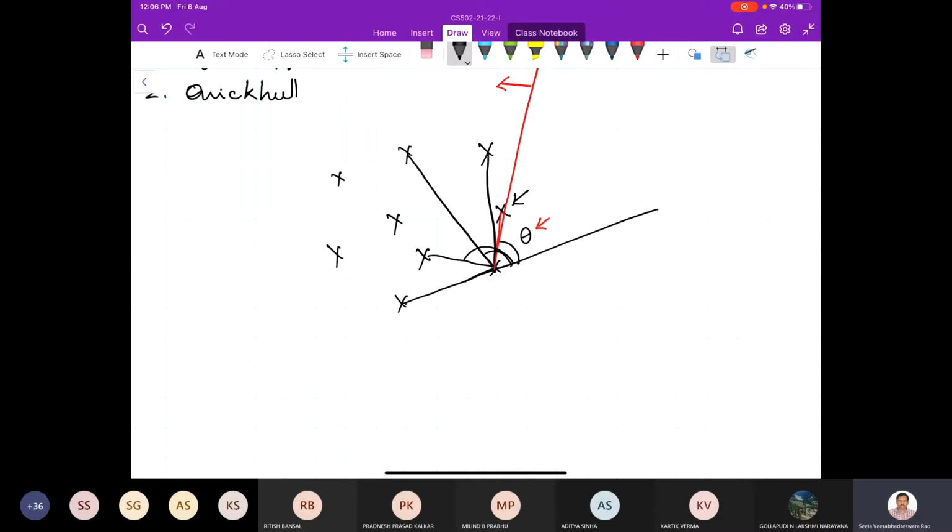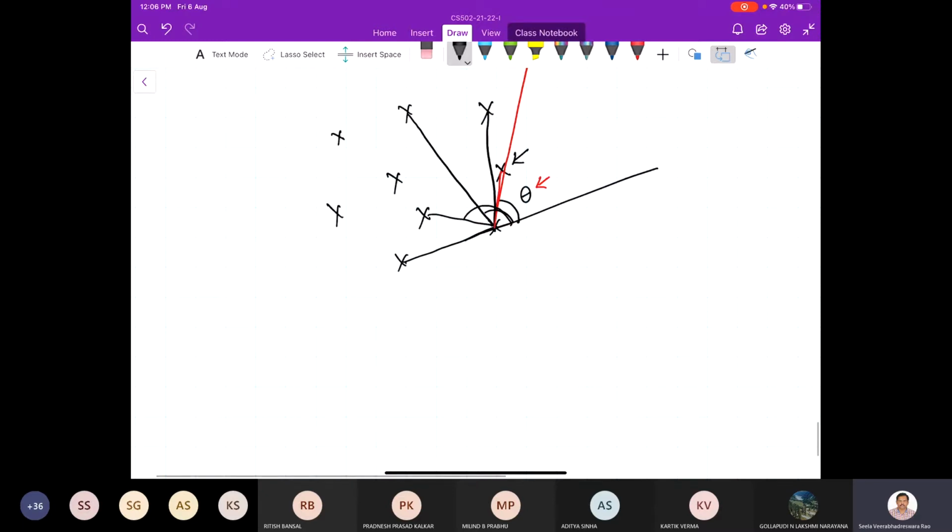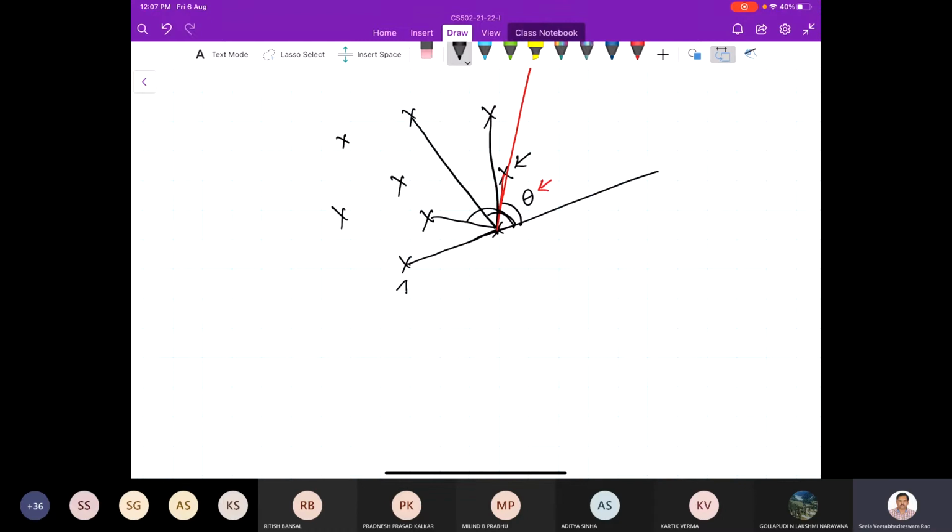So how much time is required to find this one? Since there are n points, you have to find all these angles. If you don't count these two, you consider the remaining n minus 2 points, so you have to find n minus 2 angles.